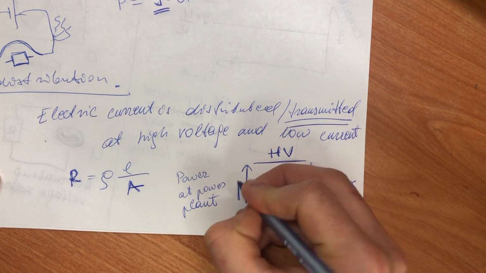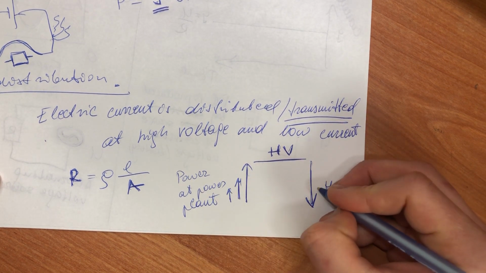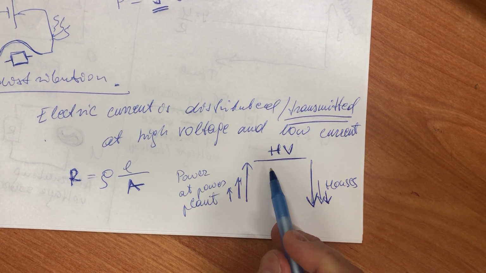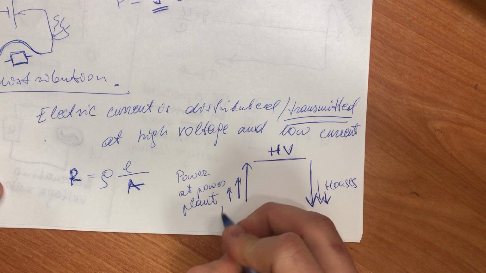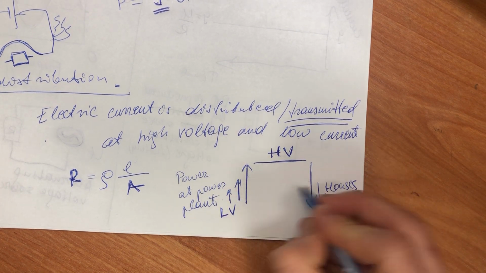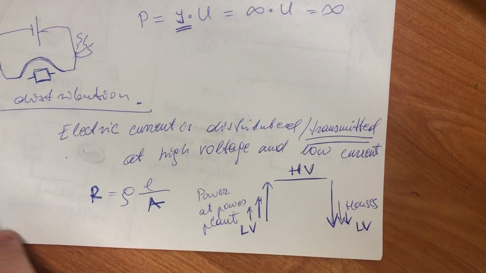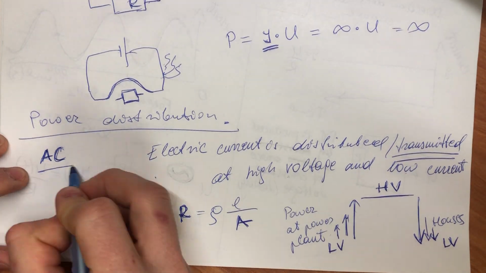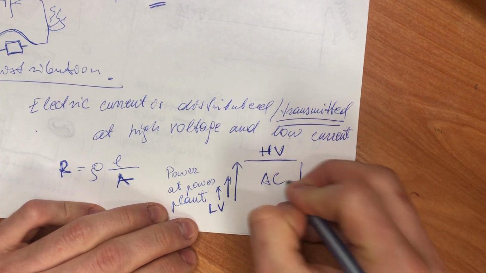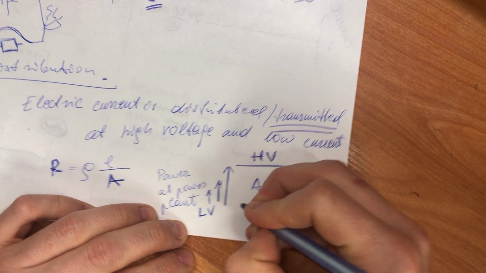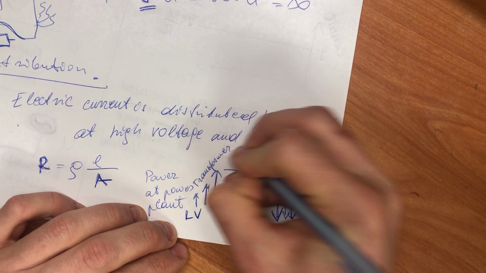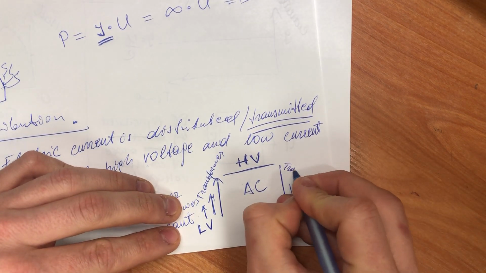Here it is usually done in steps, and here it is usually done in steps. So increase from low voltage to high voltage, low voltage is LV, high voltage, and then to low voltage again by steps. Transformers use this with AC. We will learn about AC. So AC is the main factor here, and here it is done by a step up transformer, and here it is a step down transformer.